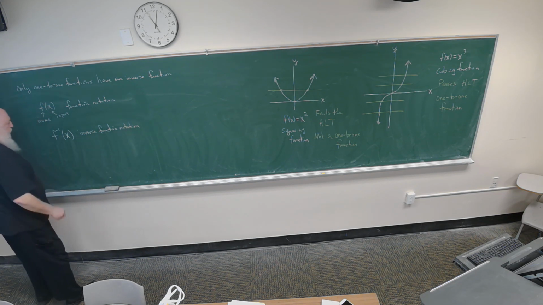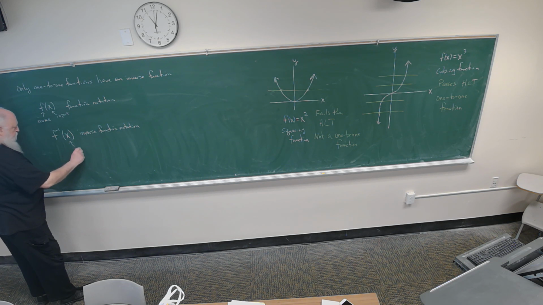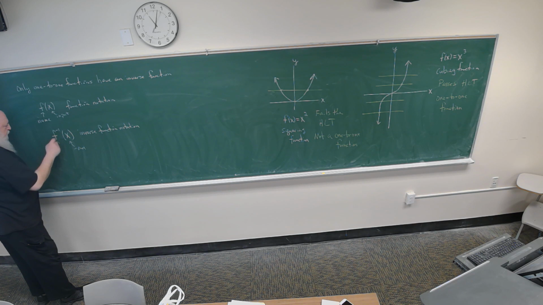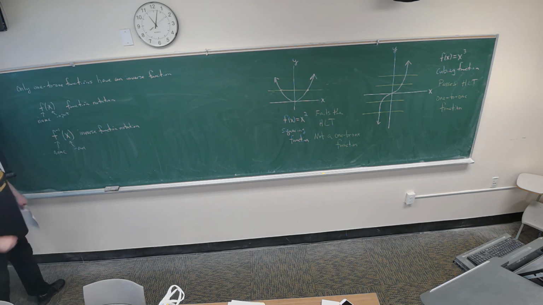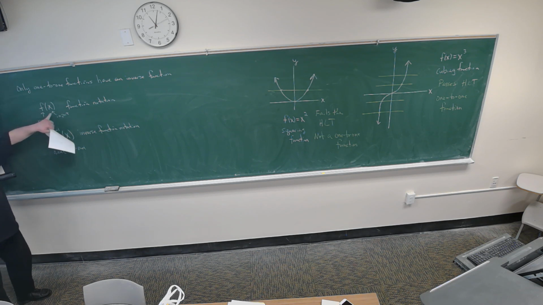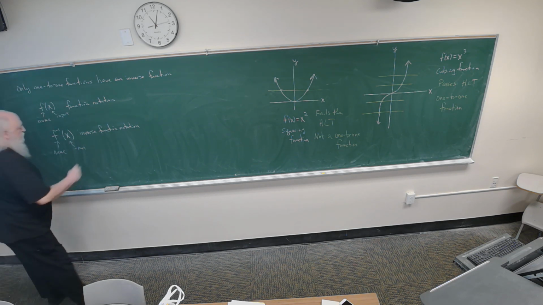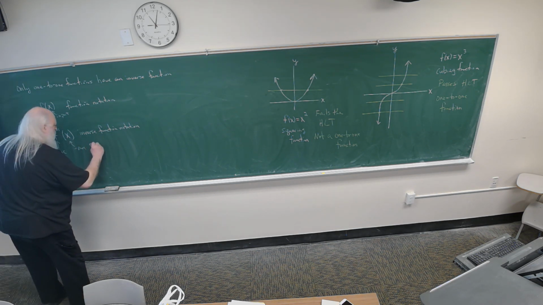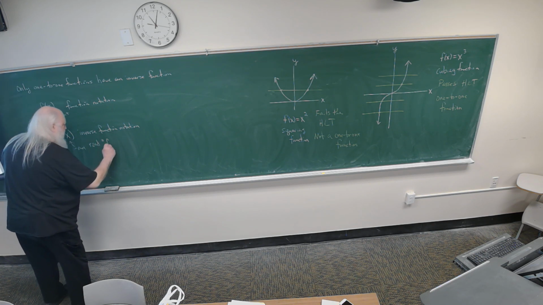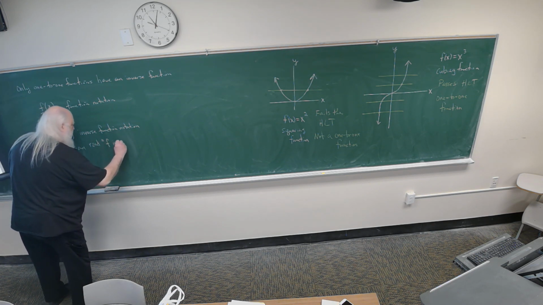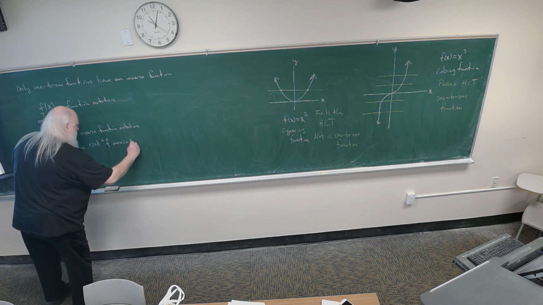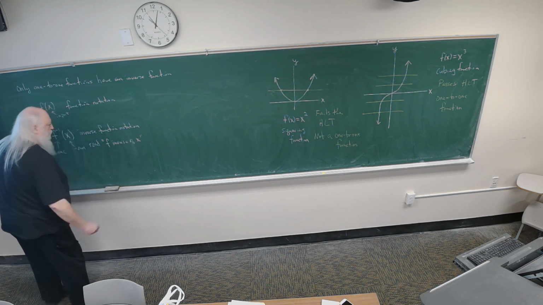Again, x is the input, and f inverse, f with a -1 in superscript, is the name. So as this is read f of x, this is read f inverse of x.